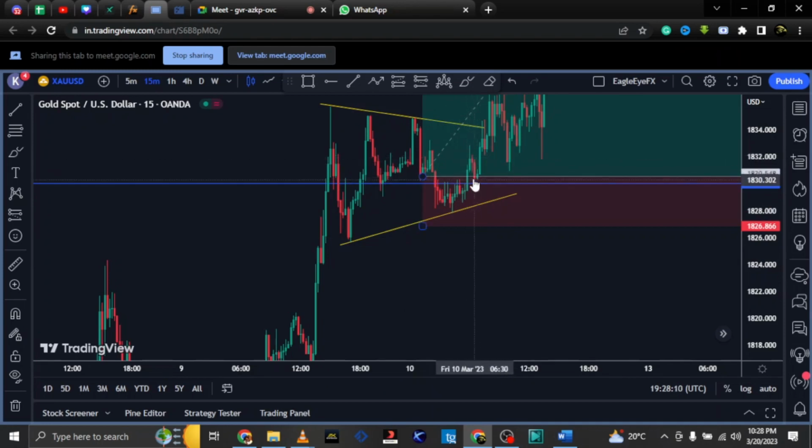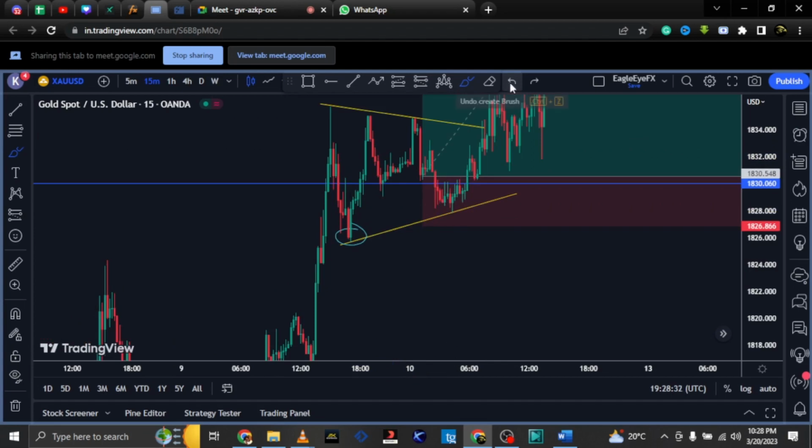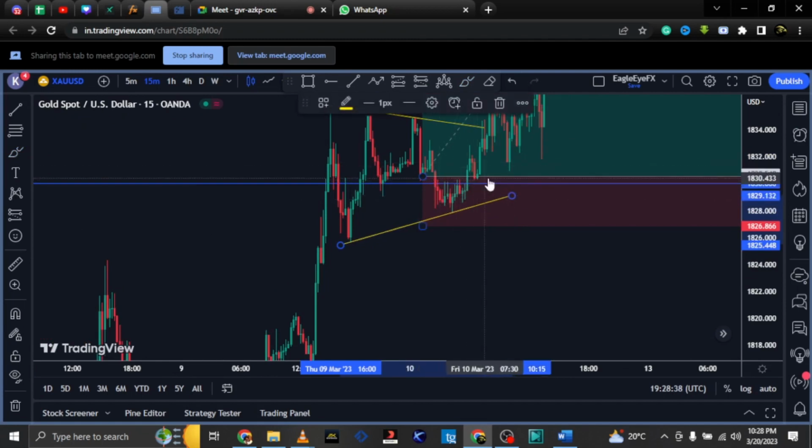I placed the limit somewhere around here, and the reason I placed it there is because I saw this market was creating higher lows. Yes, these are higher lows. I was looking at these higher lows. So I placed this trend line over here, then I placed my limit somewhere here.